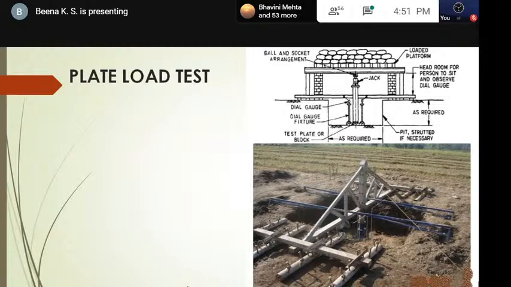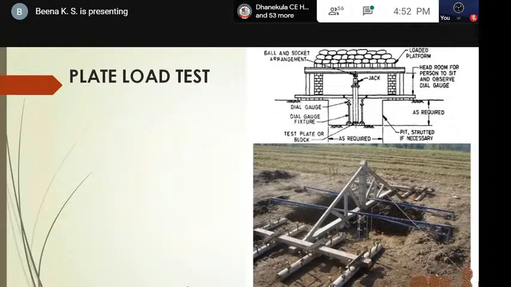Now coming to the plate load test, that is the most useful test. It's a more accurate and most useful test, but it also has some limitations that we will see.